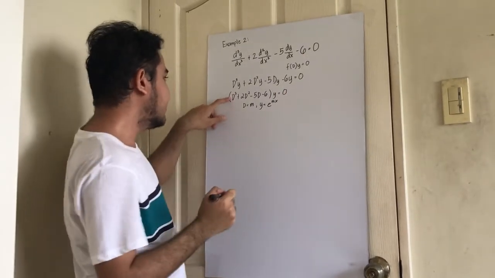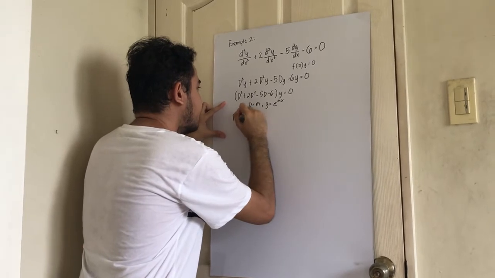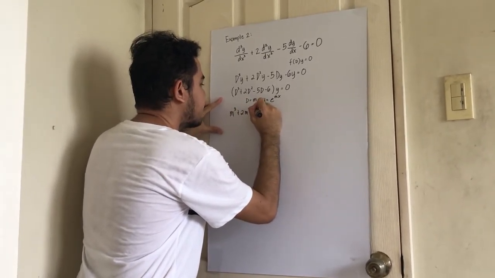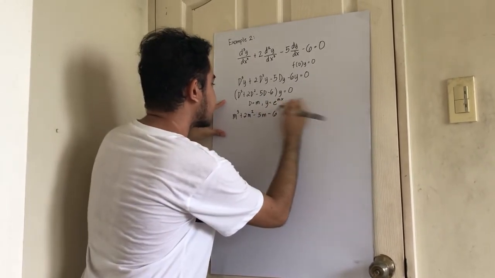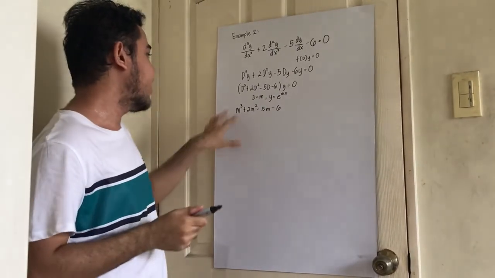So D equals m, so it becomes m cubed plus 2m squared minus 5m minus 6.